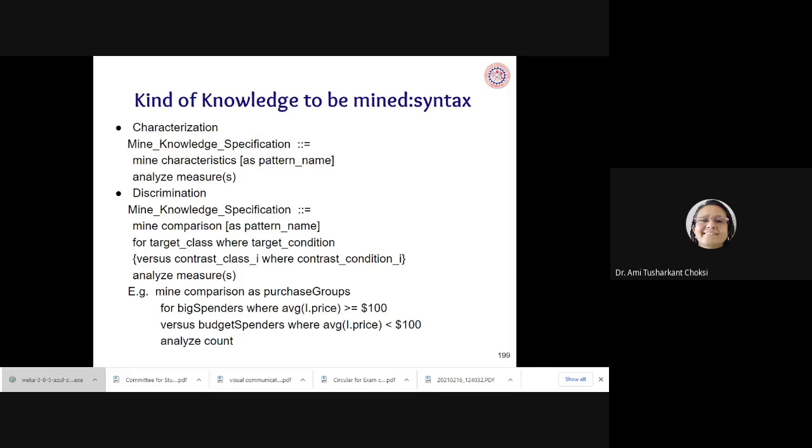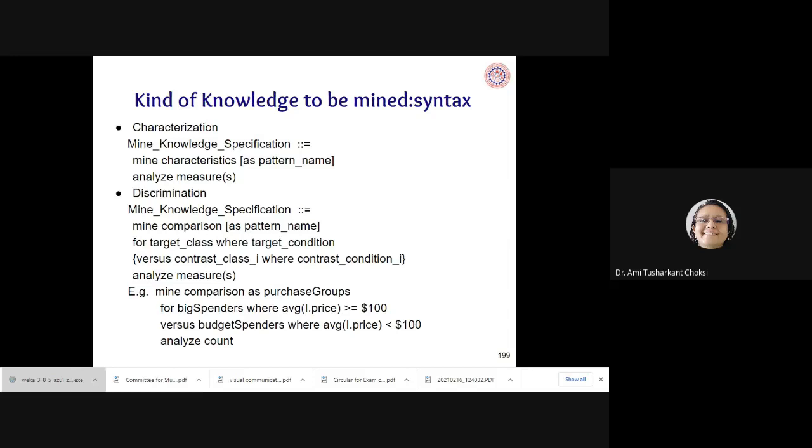Here we have the condition for two types of purchase groups. One is big spenders. They spend too much. The condition we have considered is people who spend more than $100. We may have considered it for a month or a day or whatever.